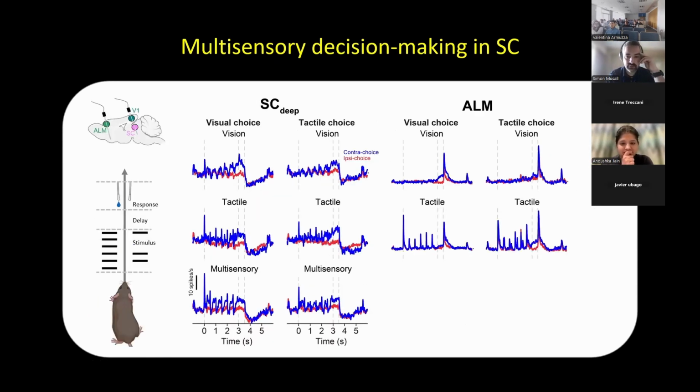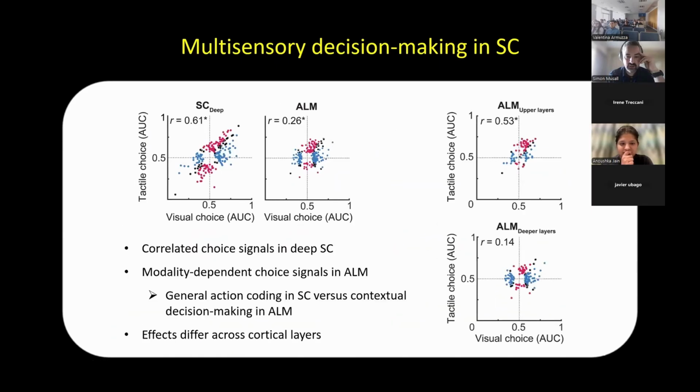And I will jump over this part and maybe end on this part, saying that one thing that was interesting when we looked at the choice coding in the frontal cortex was that it seemed like in some areas, the neurons that are choice sensitive depend on the modality that made the choice.